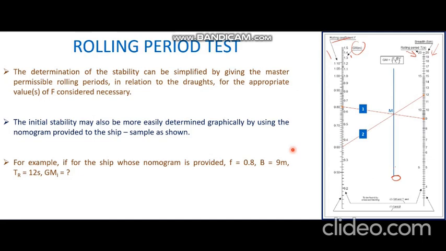And now on the GM scale, you can read from here the GM of the vessel, 0.36. So through such a nomogram, which is ship specific, of course, it cannot be the same for every ship, the need to calculate was done away with, and the GM could be estimated using this nomogram. Is that clear, beta? Clear?